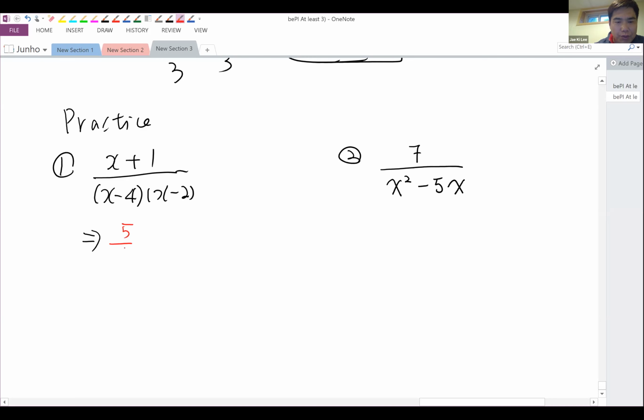So 5 over 3 times (x minus 4), and then minus 3 over 2 times (x minus 2). I didn't know, should I multiply or just leave it the way it is?